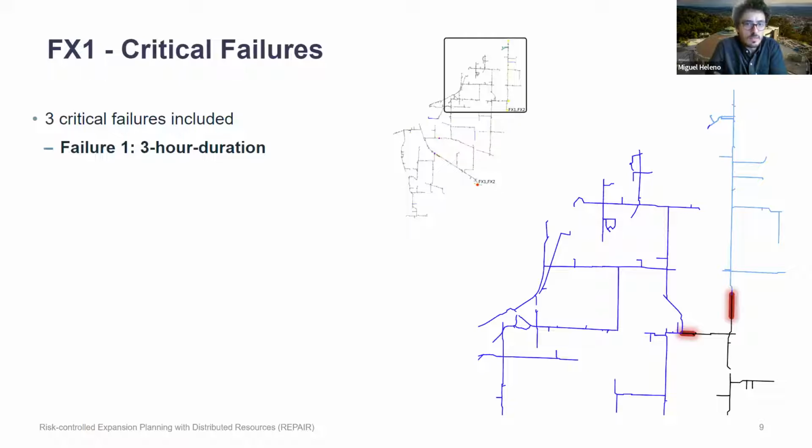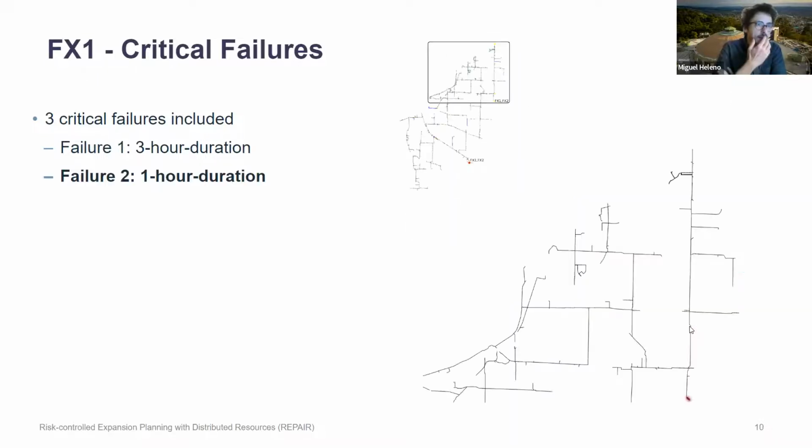So let's take a look at the critical failures. We consider these 3 critical failures. One is a 3-hour duration critical failure. The duration is not the main aspect here; what matters is that there were 2 simultaneous failures that lasted 3 hours and took a significant portion, here in the north part of the feeder, taking 2 of these circuits at the same time.